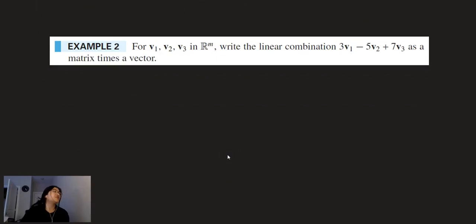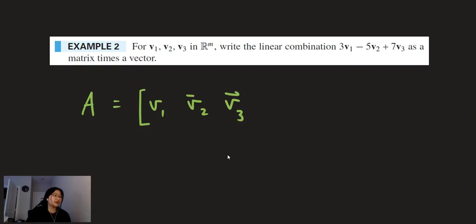Alright, so for vectors v1, v2, and v3 in R^m, write the linear combination 3v1 minus 5v2 plus 7v3 as a matrix times a vector. So we need a matrix A, and that's going to be made up of our vectors v1, v2, and v3.